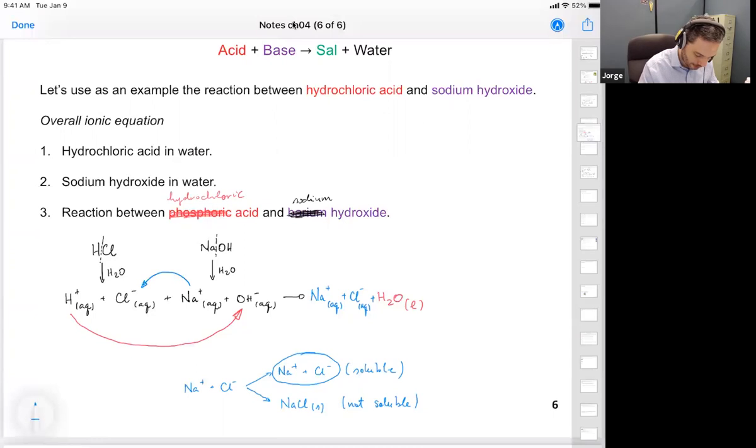So when you have the same ions in the beginning and at the end, we also call those ions spectator ions. Okay, so they don't do anything. They are just watching the reaction proceed because the identity in the beginning is the same identity compared with the end.